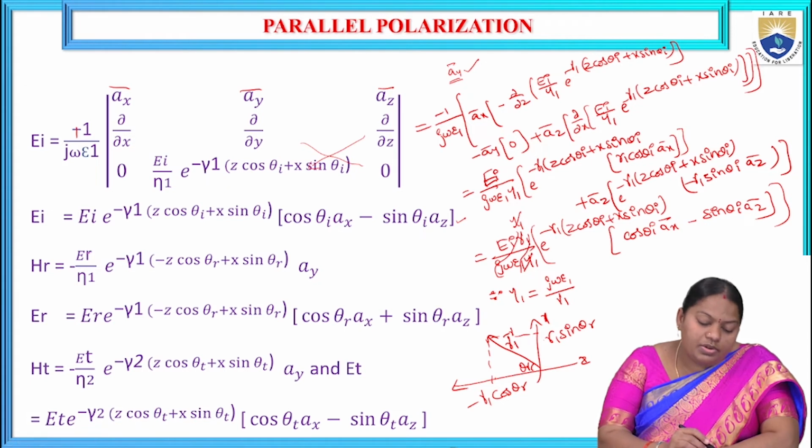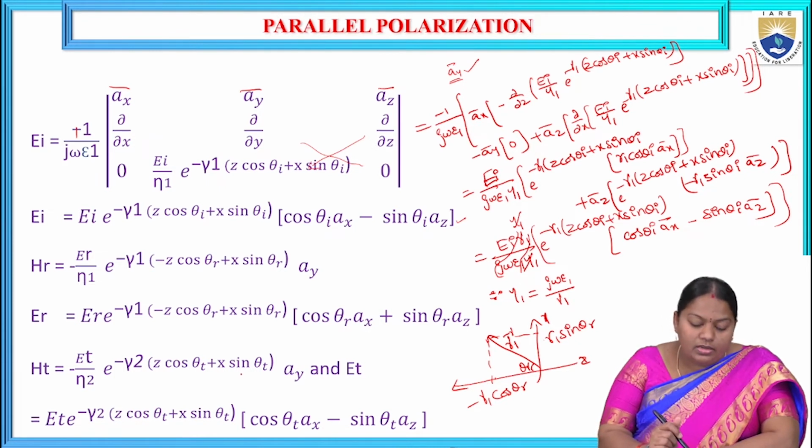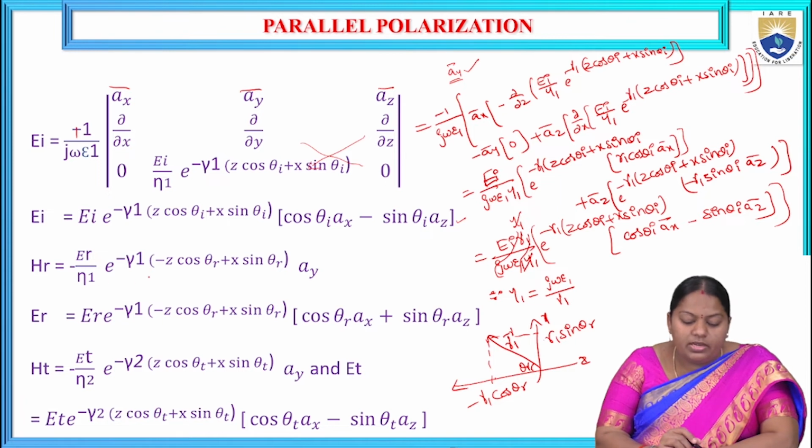Why? Because reflected and incident wave field strengths are moving in opposite directions. Right? So now, based upon this, ER by eta 1 e power minus gamma 1 minus z cos theta r plus x sine theta r into ay is obtained.